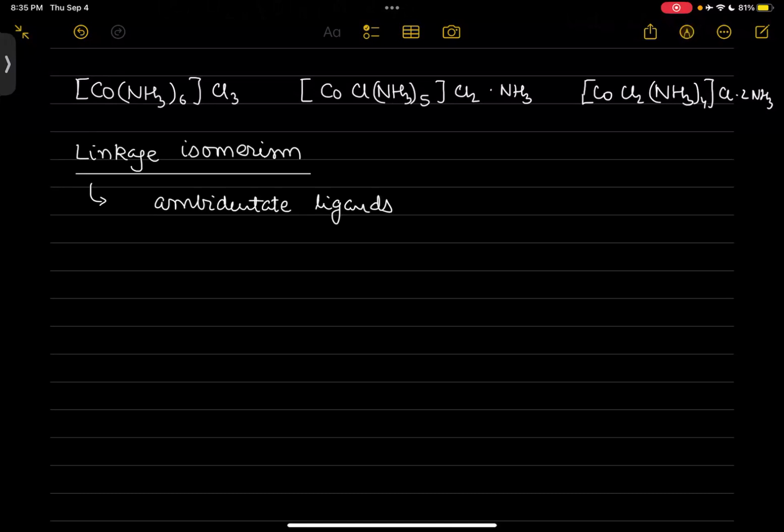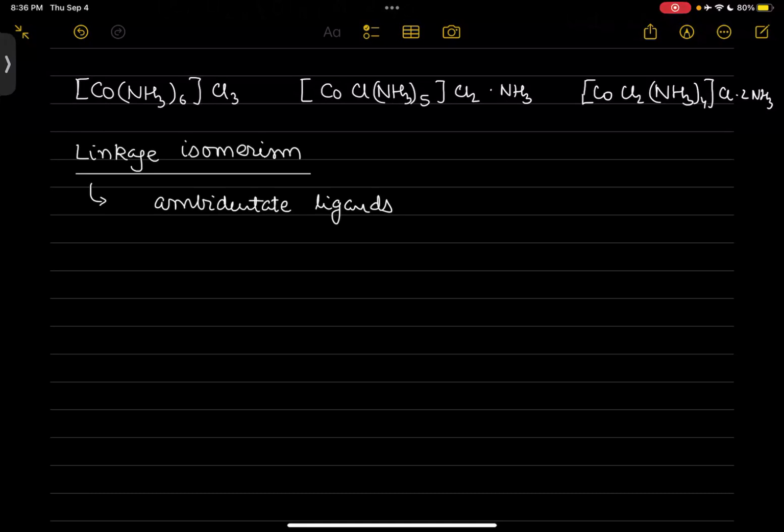So what are ambidentate ligands? Ambidentate ligands are monodentate ligands which can form a bond with the metal ion in two different ways, by connecting themselves to the same metal atom or ion in two different ways. They are called ambidentate. They are not bidentate, they are monodentate only.